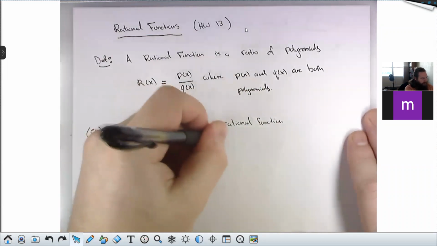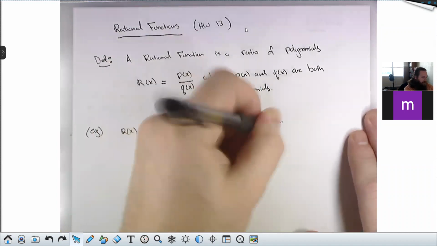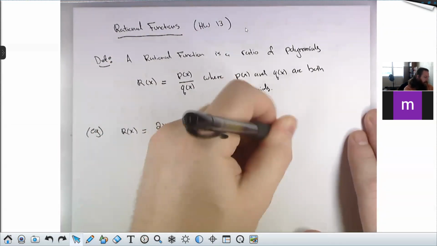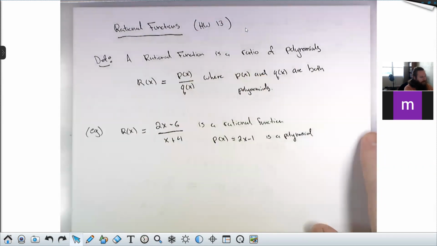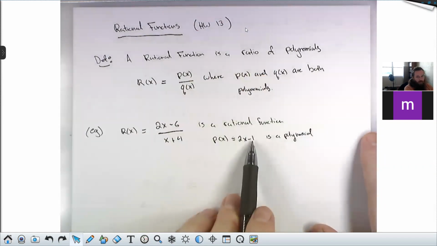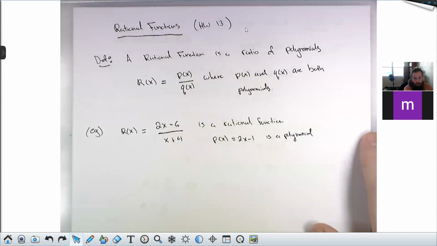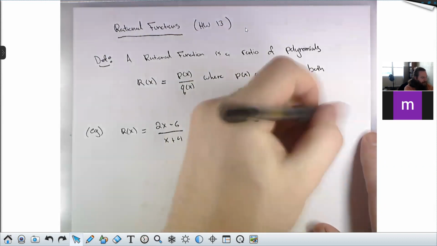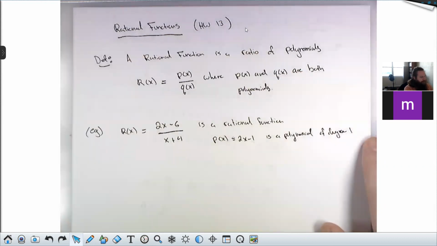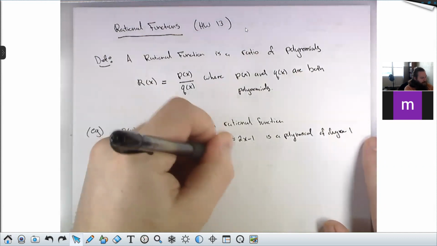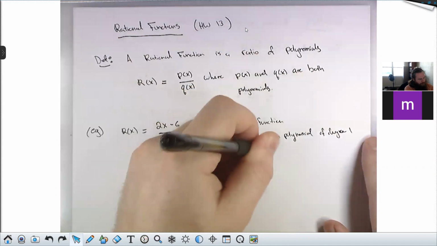Here, the top, p of x, is 2x minus 6. This is a polynomial, right? Why is it a polynomial? Well, because the powers of x that show up here are all greater than or equal to 0. There's no variables under square roots. There's nothing like that. This is a polynomial of degree 1. And q of x downstairs, x plus 4, is also a polynomial of degree 1.